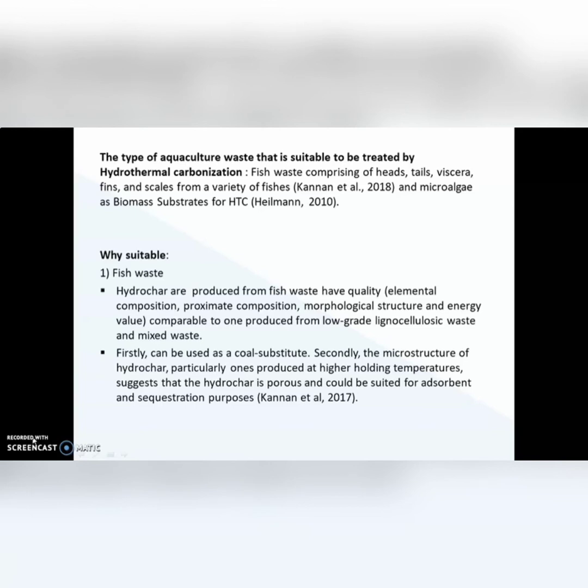First, it can be used as a coal substitute. Secondly, the microstructure of the hydrochar, particularly those of the products at higher holding temperature, suggests that the hydrochar is porous and could be used for adsorbent and sequestration purposes.